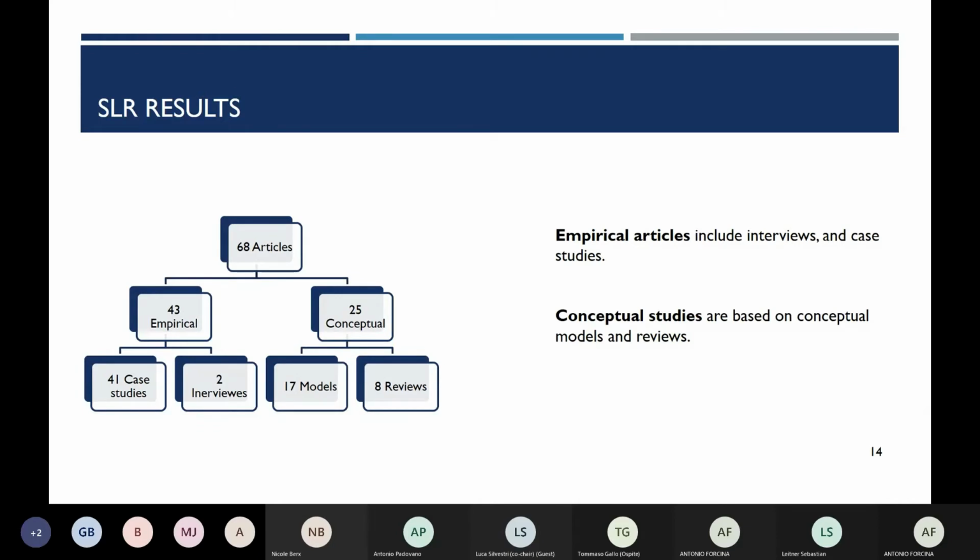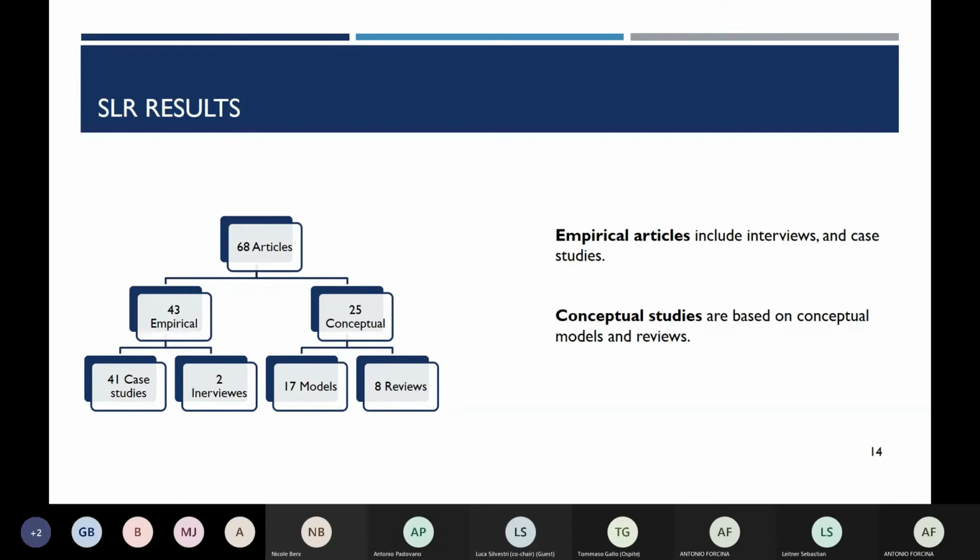The second one includes articles, and we called it conceptual, concerning models and reviews. As you can see, 41 articles out of 68 concern case studies, demonstrating how in this area research is mainly applicative.